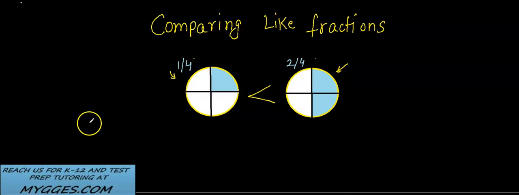So basically, when we compare like fractions, we just need to compare the numerators. That means whatever numerator is bigger, that fraction is bigger. Like in this example, 1/4 and 2/4. Since the denominators are same, 2 is greater than 1, that means 2/4 is greater.